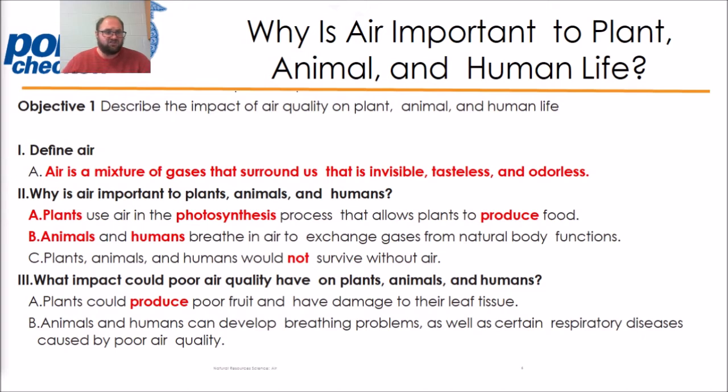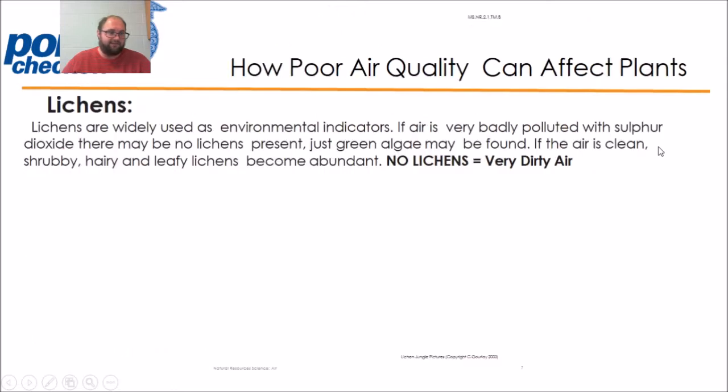So let's check out air quality as it relates to plants. Let's take the lichen, okay? Lichens are widely used as environmental indicators. If air is badly polluted with sulfur dioxide, then there might not be any lichens that grow on trees.